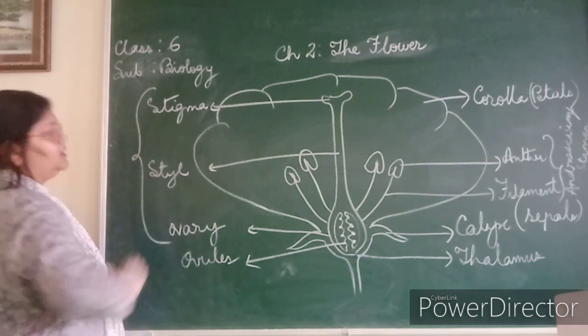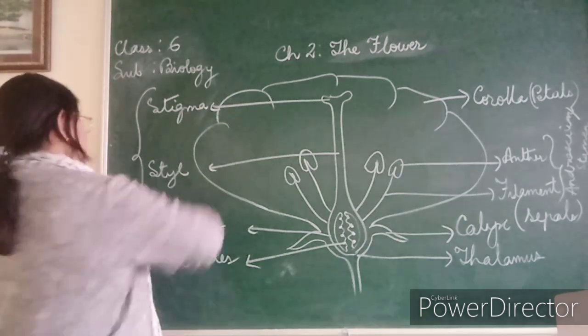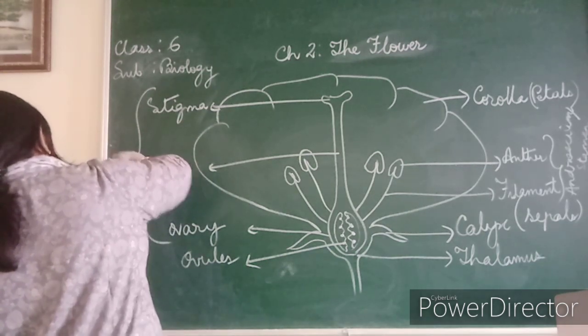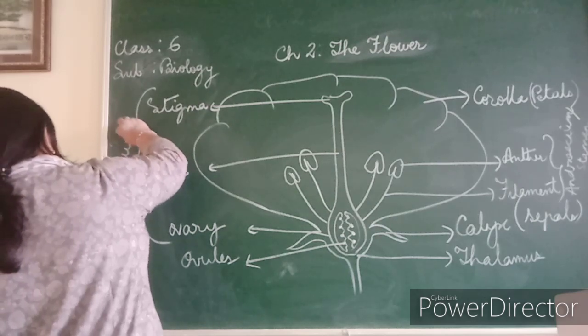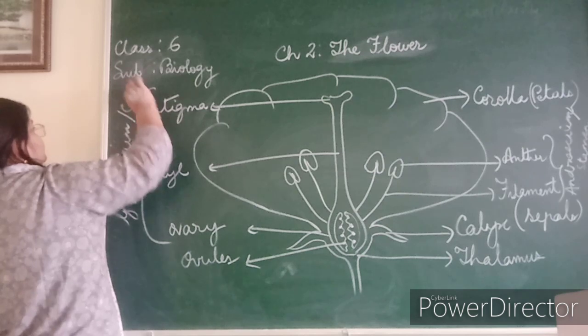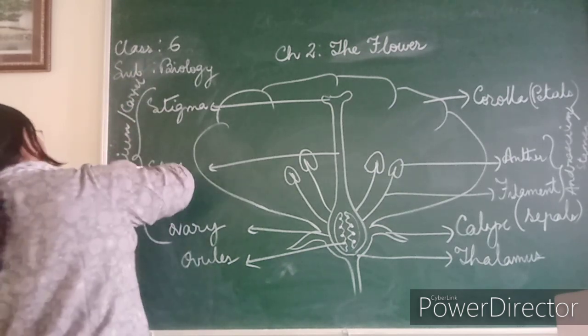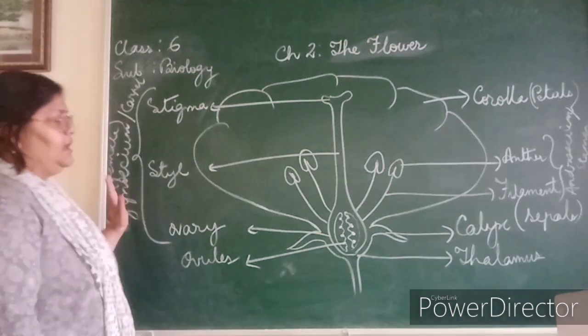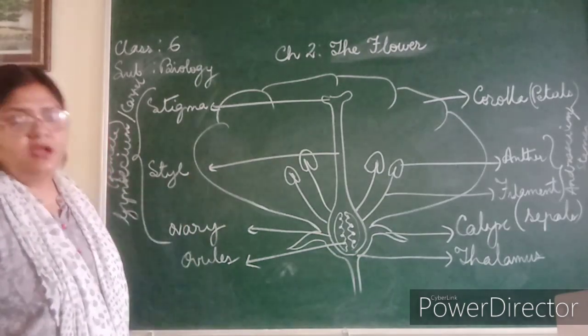Just put them in a curly bracket, and you can just turn and write gynoecium or carpel. In brackets, female. This is the female reproductive part of a flower.